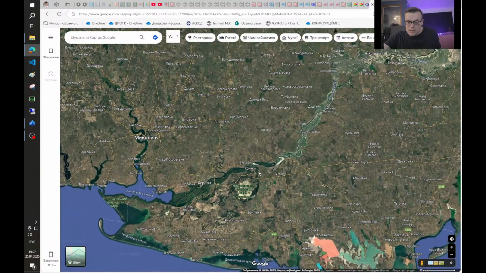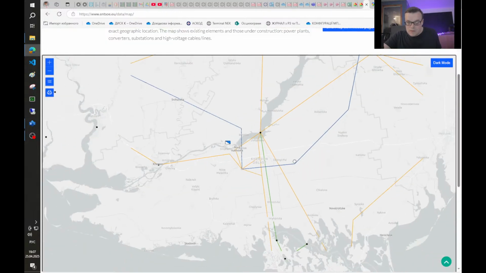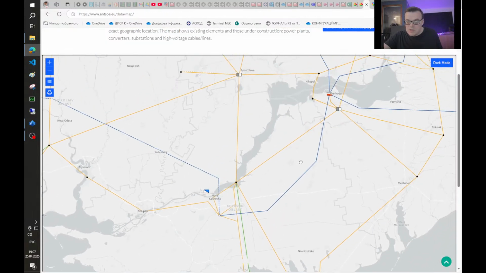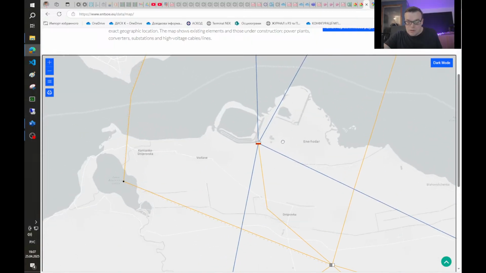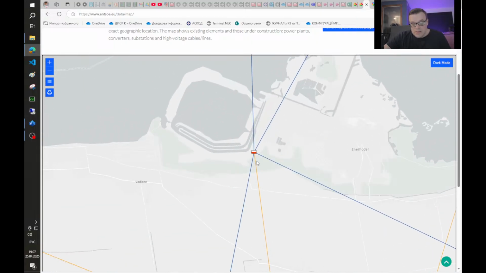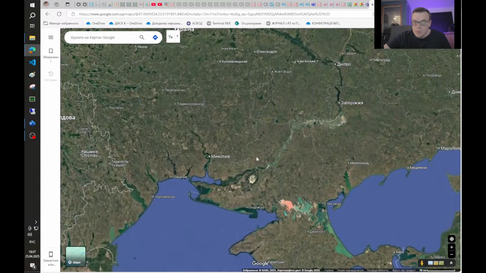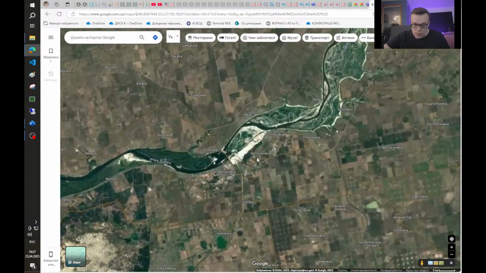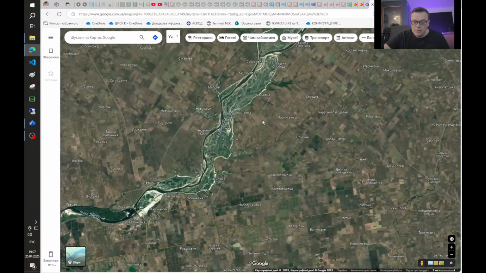This line connects this substation with the nuclear power plant in Zaporizhia. It's also now occupied. I'll show you how it looks like.